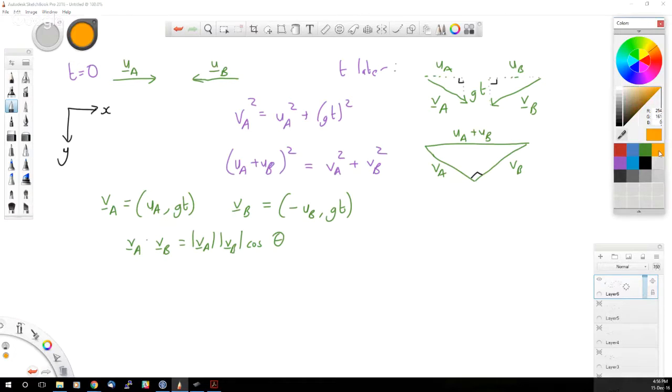Well, we want this to be 90 degrees, so this goes to 0, and our dot product has to be equal to 0. And that means the other way of writing VA dot VB is by multiplying together the x components, and adding them to the y components multiplied together. So we get UA times minus UB plus gt times gt is equal to 0. And then you just have to rearrange there.